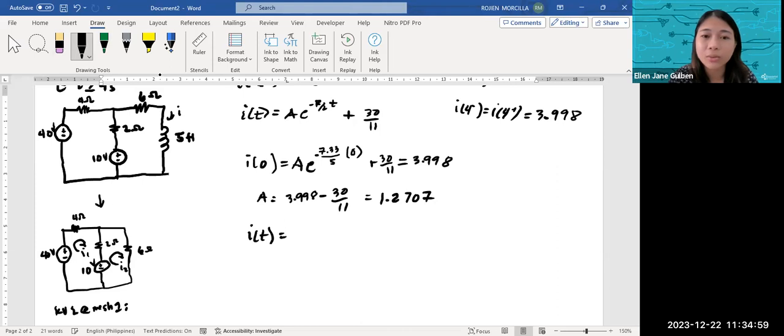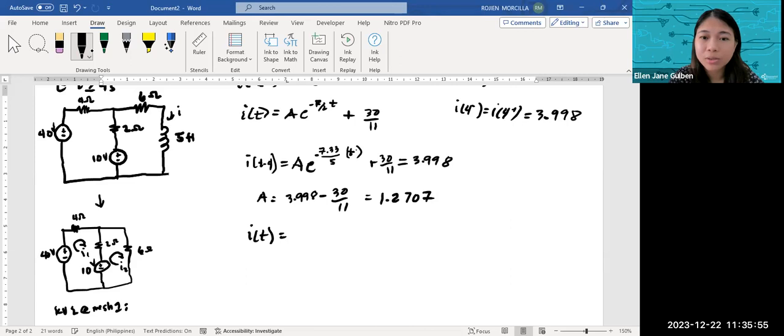So that we don't get confused, class, we will be using the singularity function. So this one will be at t minus 4.